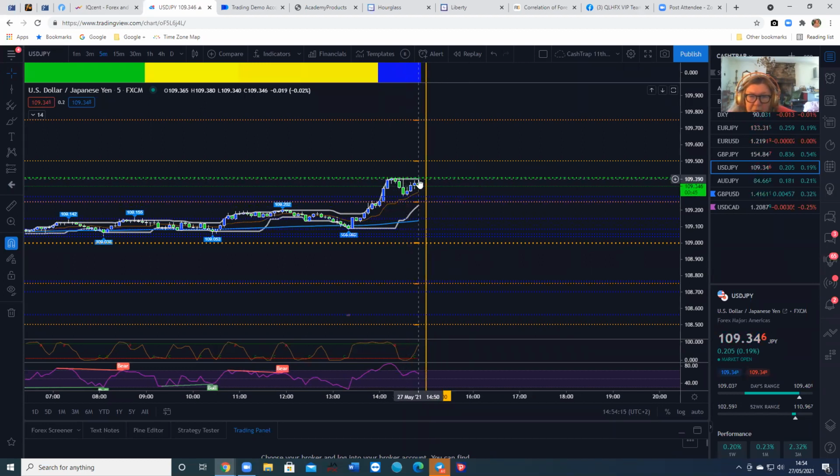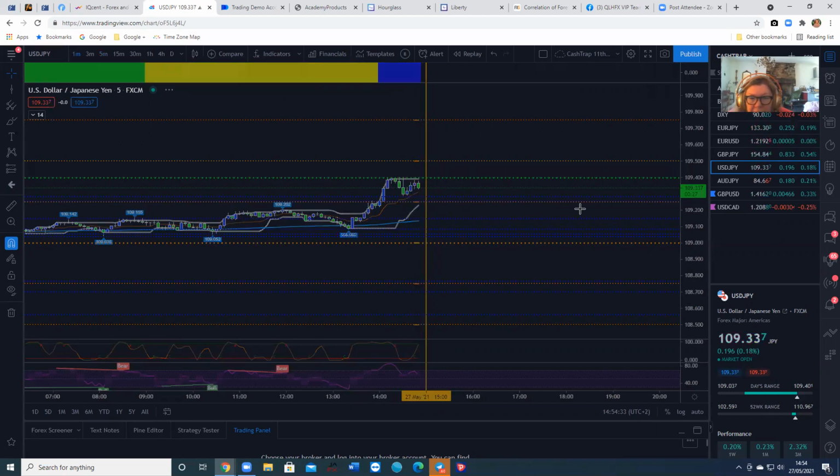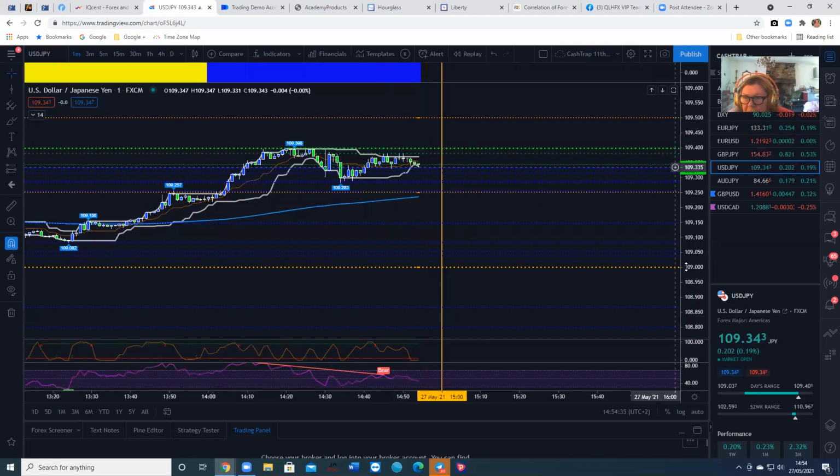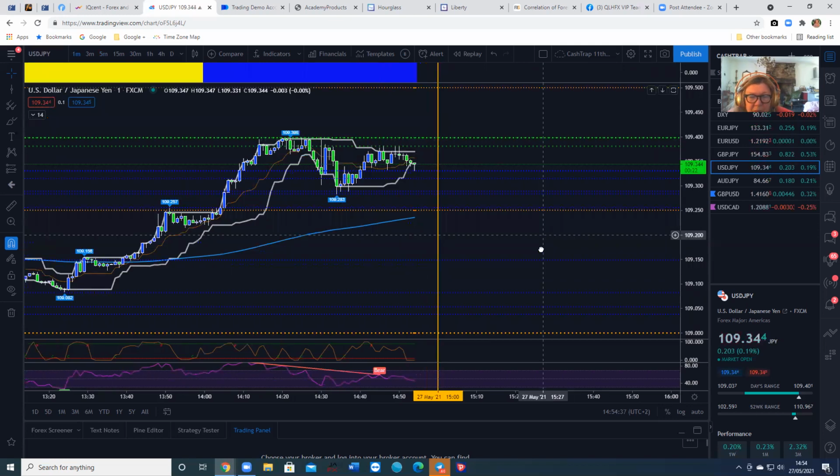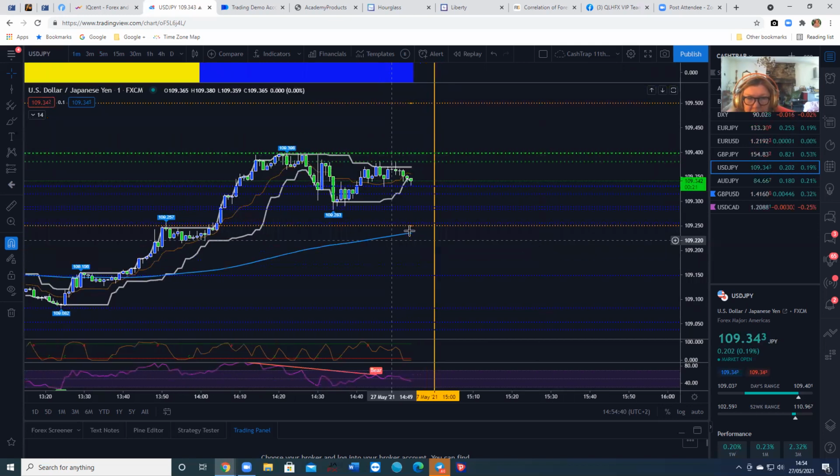For those of you who've just joined, we went back on the hourly and it wicked off this area significantly as an area of resistance. It only wicked up to the quarter theory once, and that was like the 17th of May. So I don't think it's going to carry on up there. And if I come down to the 1 minute, although remember, we're coming up to the hour when things can push up or down, as we know.